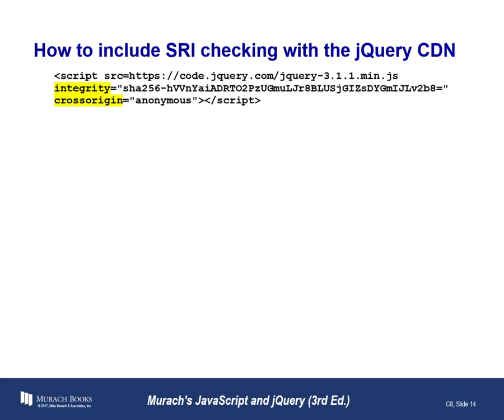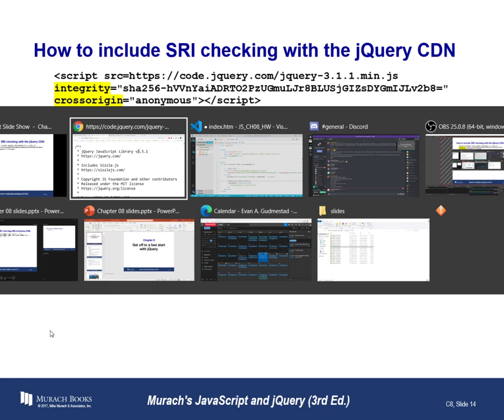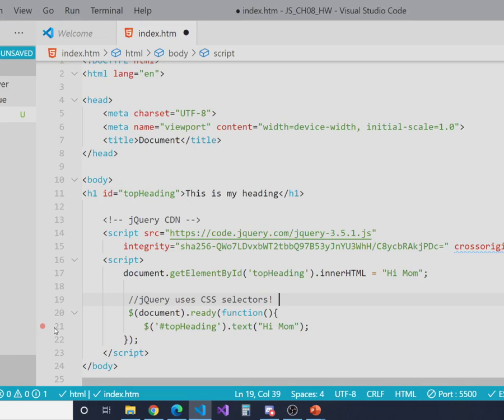The way that I had you link jQuery has this integrity. This is called a SHA-256 hash. What this SHA-256 hash does, I always think of like the game Telephone that we used to play when we were kids, like in kindergarten.